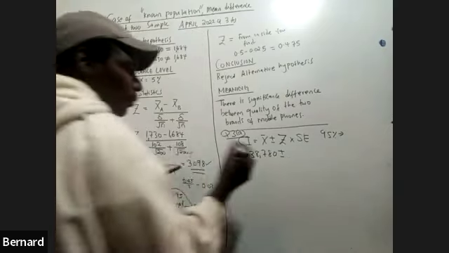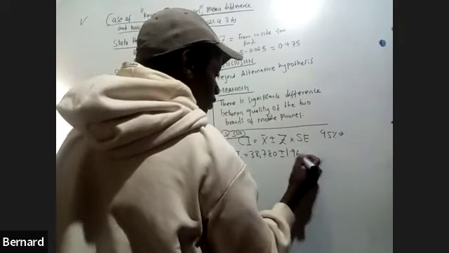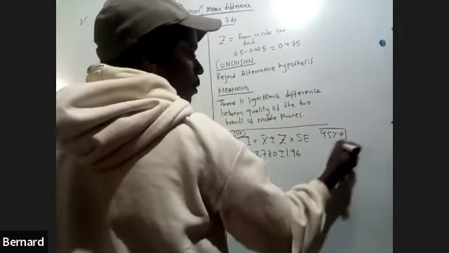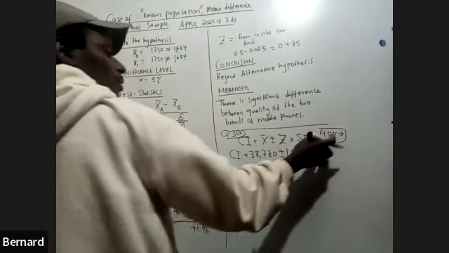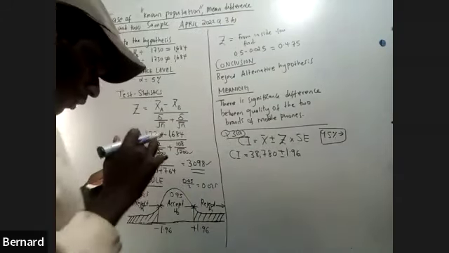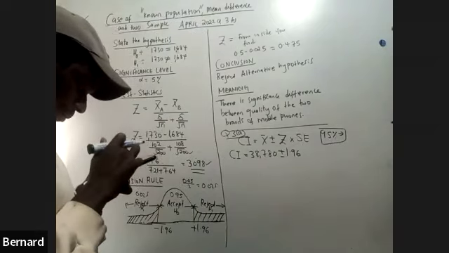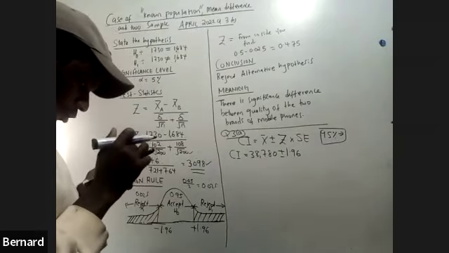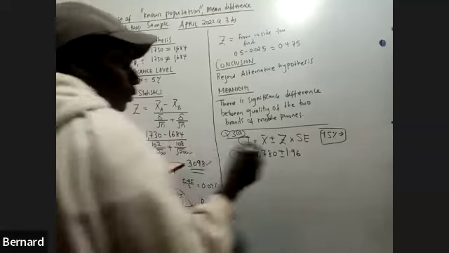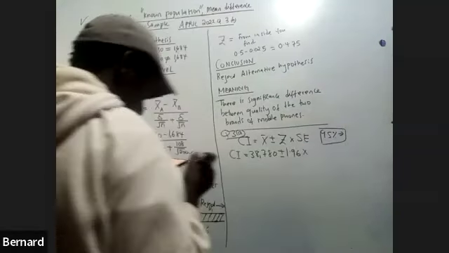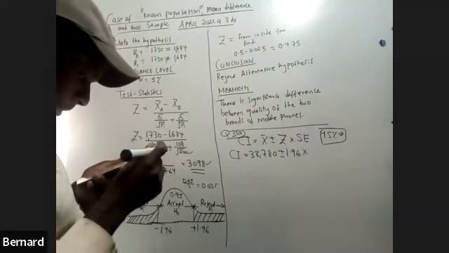The figure is 1.96 for 5%, meaning 95% level of confidence. Then I need to multiply it with our standard error.